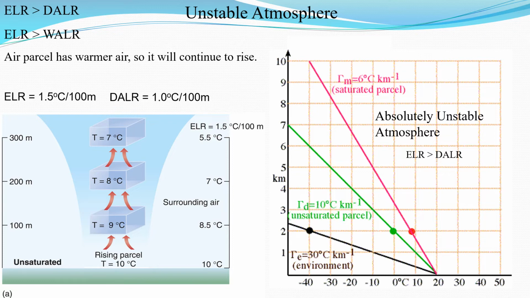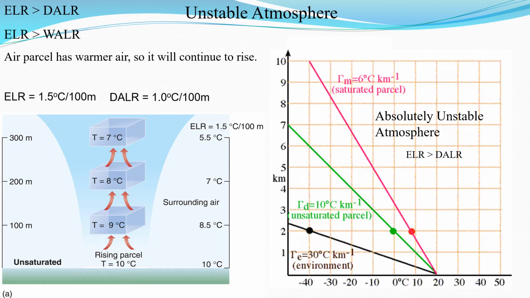So far we have seen that the atmosphere is absolutely stable when the environmental lapse rate is less than the moist adiabatic lapse rate, and we find an absolutely unstable atmosphere when the environmental lapse rate is greater than the dry adiabatic lapse rate.